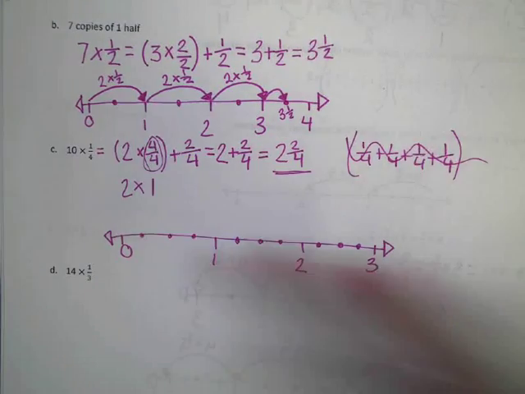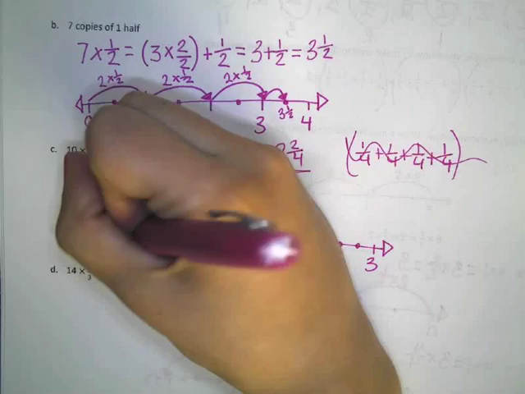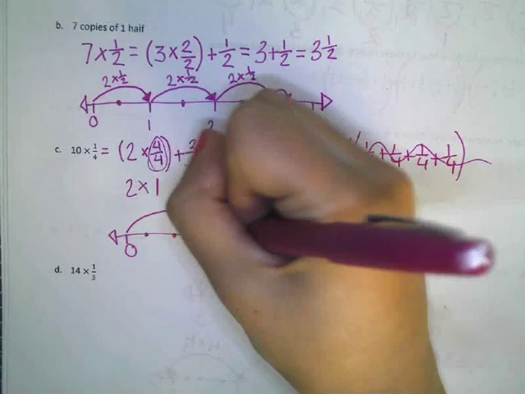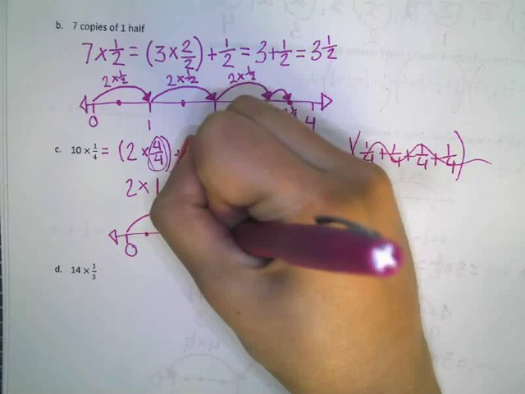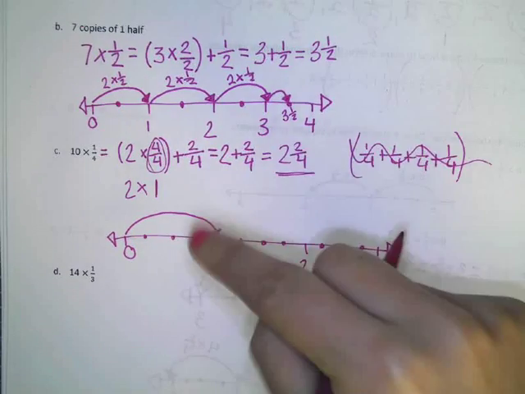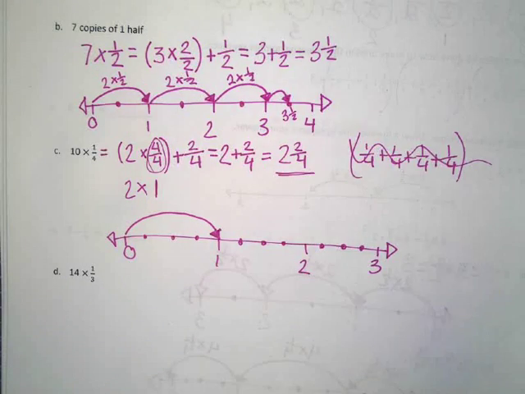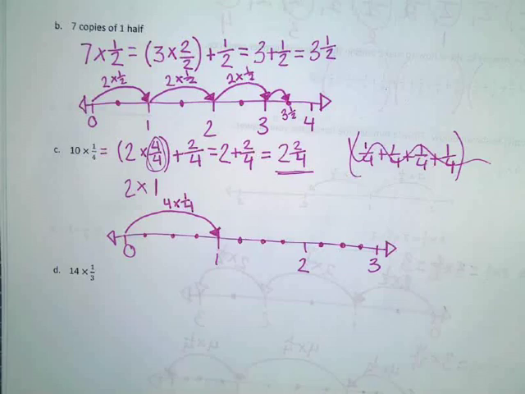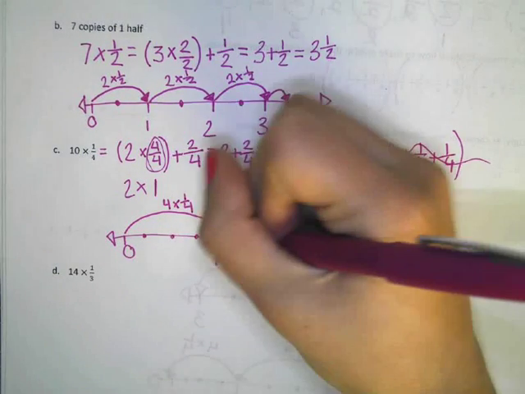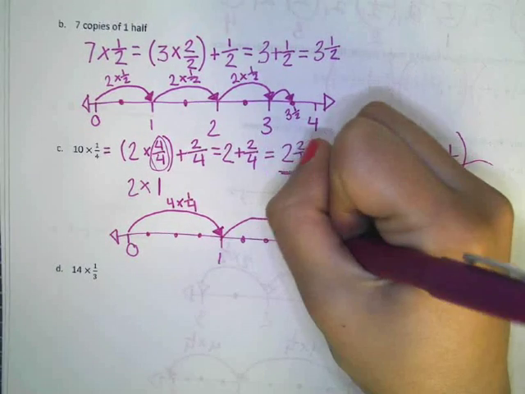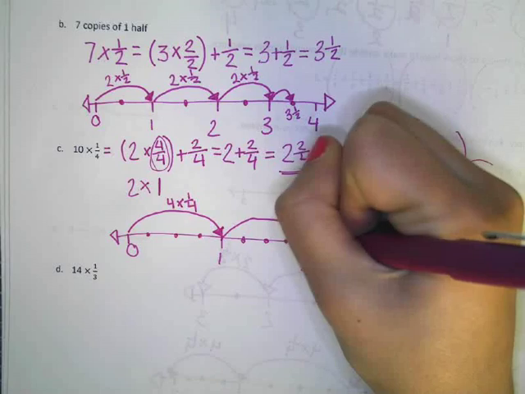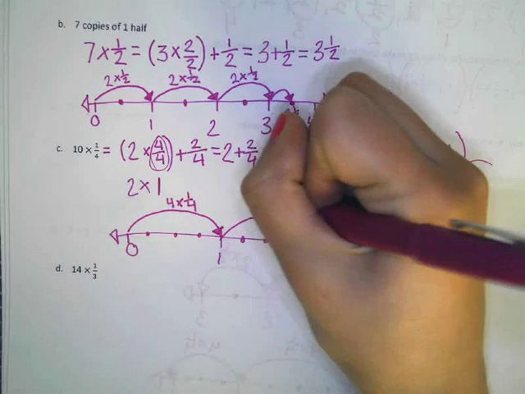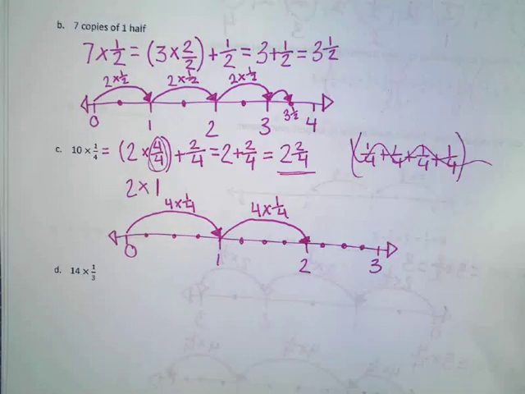Now I just have to show my work. So to get from my 0 to my 1, how many fourths did I pass here? 4. So 4 times 1/4, right? And then I did another jump. And that still showed 4 times 1/4.